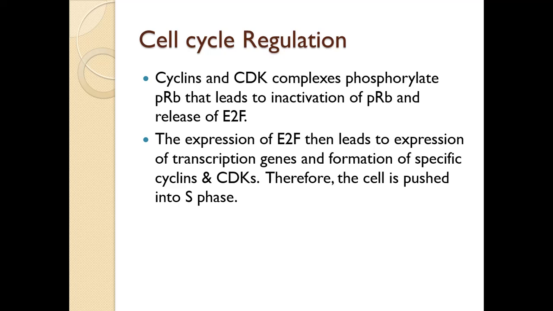The RB protein will make a tight inactive complex with a transcription factor known as E2F. Now a specific cyclin and CDK complex will phosphorylate this RB plus E2F inactive complex. After phosphorylation, RB will get released from E2F, the transcription factor, and in this way the E2F transcription factor will be activated.